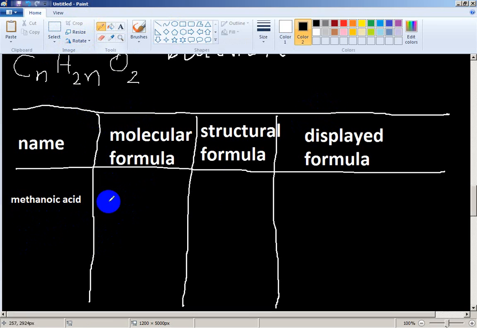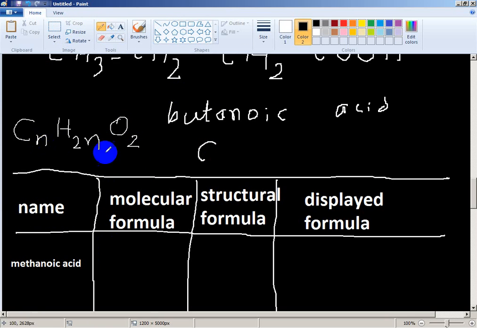So I put Cn equal to 1, 2n equal to 2, and oxygen 2.